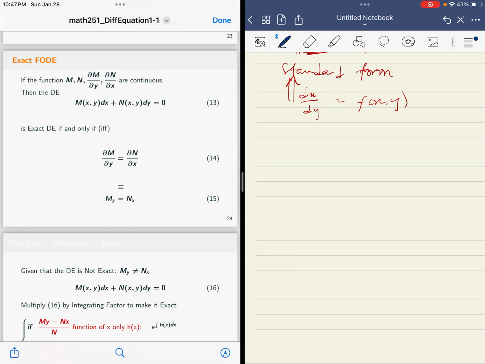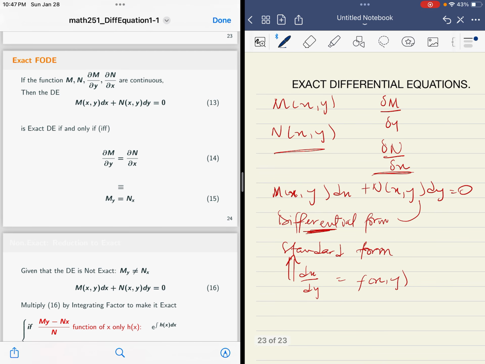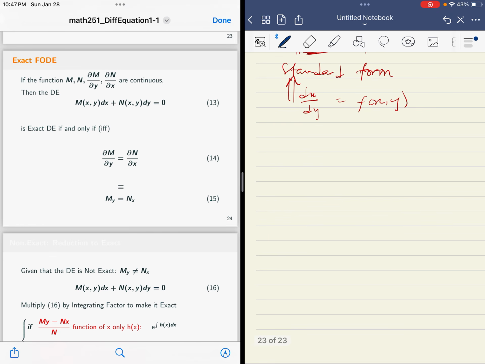Now, to test for exactness, we say, according to equation 14, that if the partial derivative of M, like we established over here, equals this partial derivative, then we can say that the differential equation given is exact.